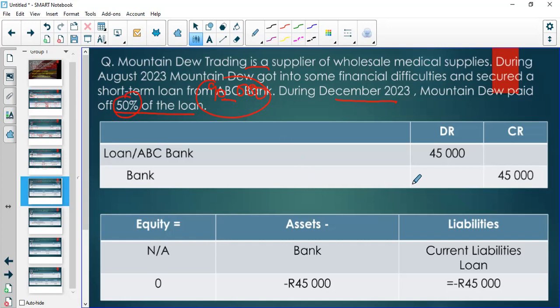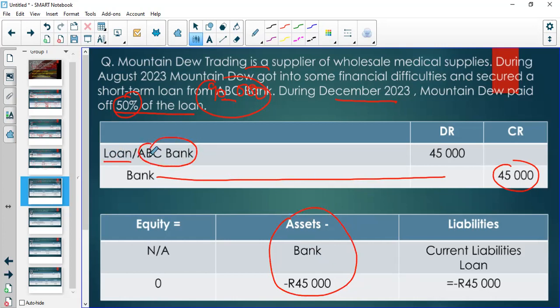So we already know that we paid this out of our bank account. So it's going to be credited. But now what are we paying for? We're paying off a loan from ABC Bank. Because a loan is a credit, is a liability. All right.